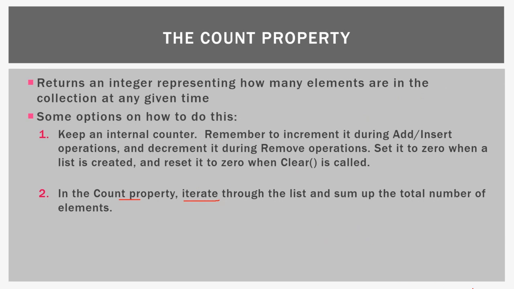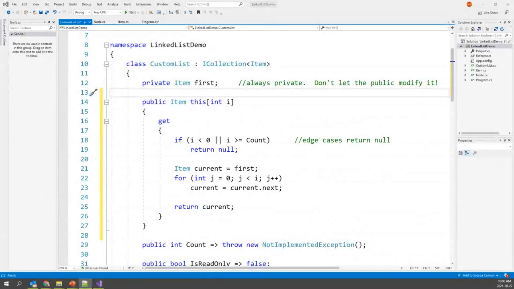But for shorter lists, this is a little bit easier just because of the less coding that you have to do, as far as remembering to update something in like 4 or 5 different places. So I'm going to do that option there with the number 2.